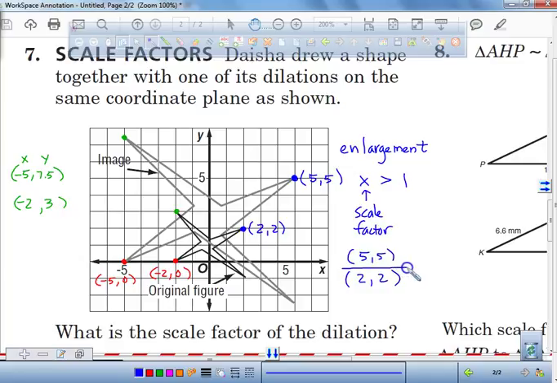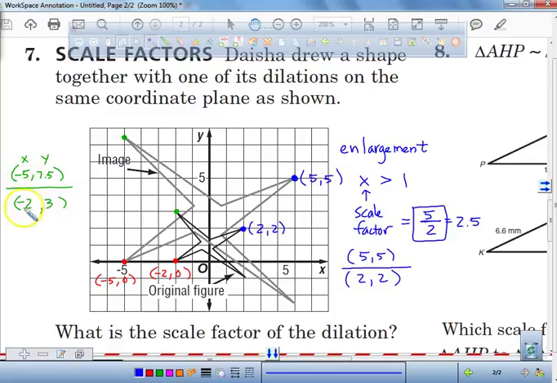If I just made those into a fraction, what's 5 divided by 2 and 5 divided by 2? 2.5, right? Your scale factor, everybody, is simply 5 over 2, which is equal to 2.5. But I would like you to leave your answer as an improper fraction. Is that bigger than 1? Yes. All of these points were multiplied by 2.5.